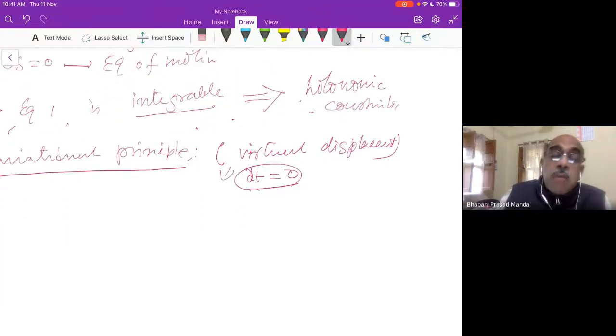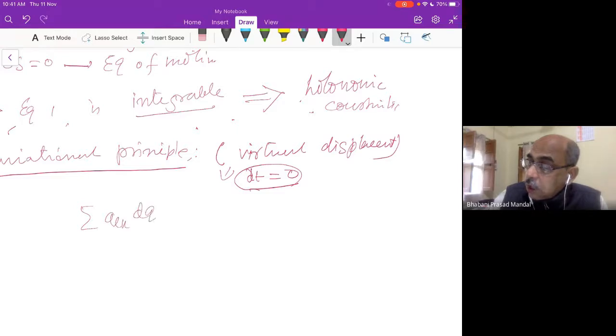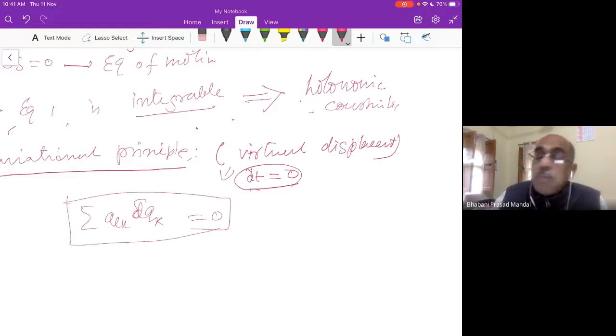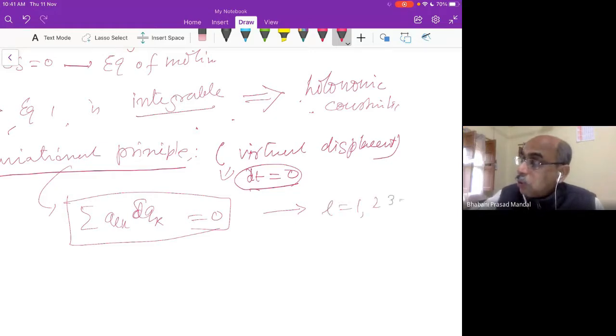So you can now have a variational principle with a_lk dq_k or delta q_k equal to 0, consistent with this constraint condition, and we consider virtual displacement. What is the physics going on, we'll tell you later after finishing this. And this is for l equal to 1, 2, 3 to m.